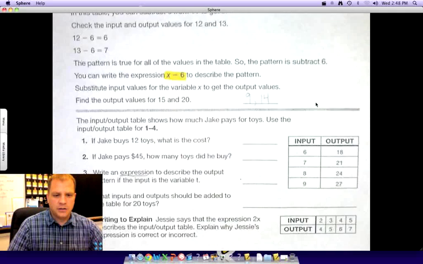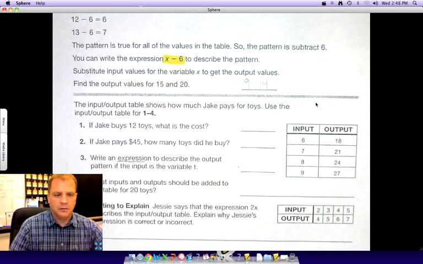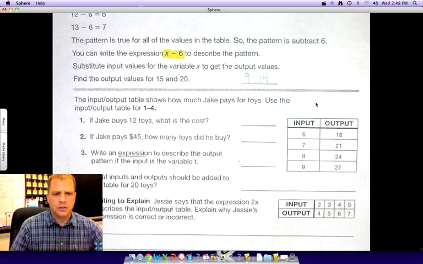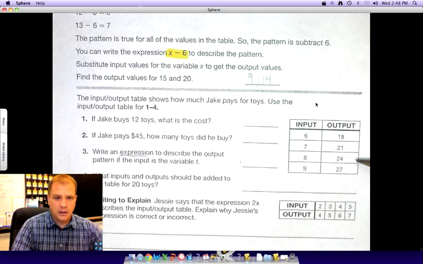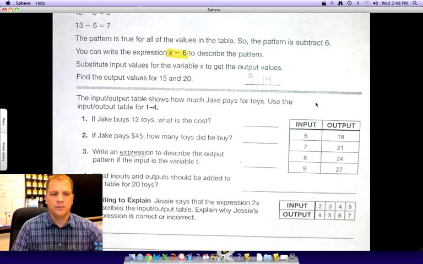I now want to draw your attention to the example problems down here at the bottom of the reteaching. The input-output table shown here shows how much Jake pays for toys. Use the input-output table to answer questions 1 through 4. Now, if Jake buys 12 toys, what is the cost?